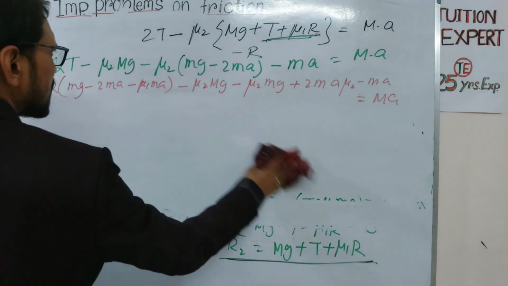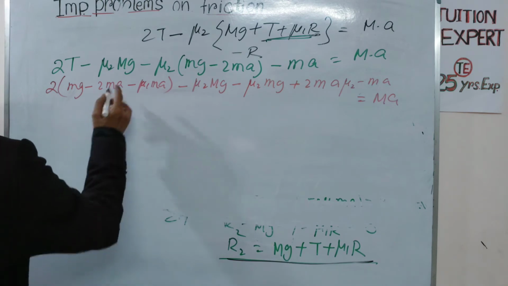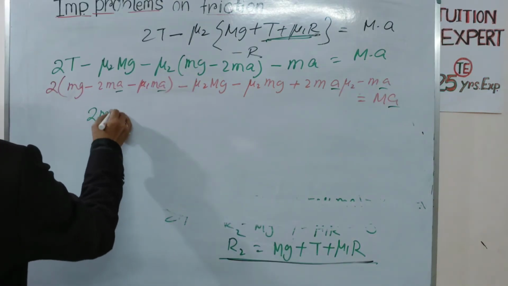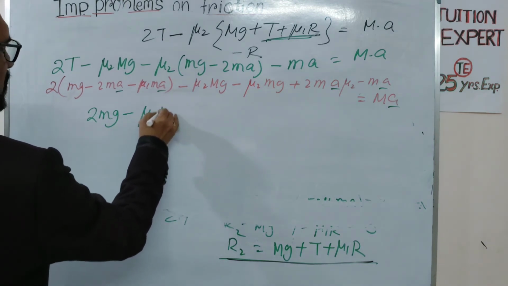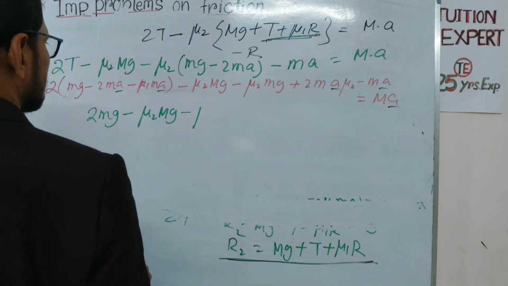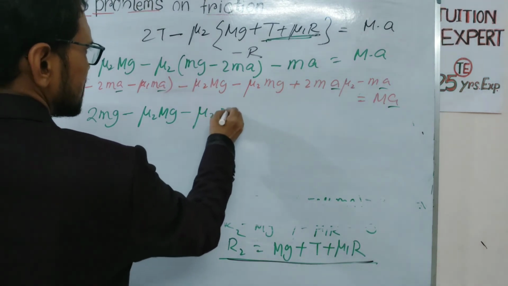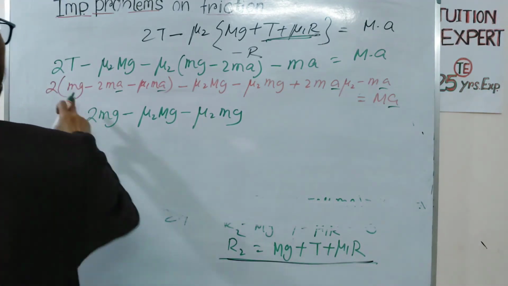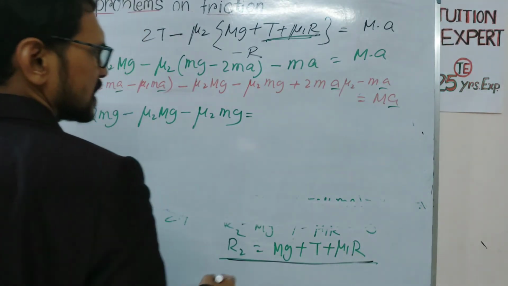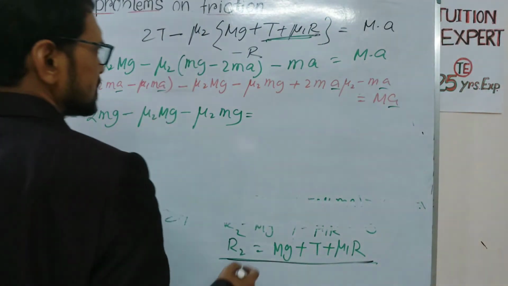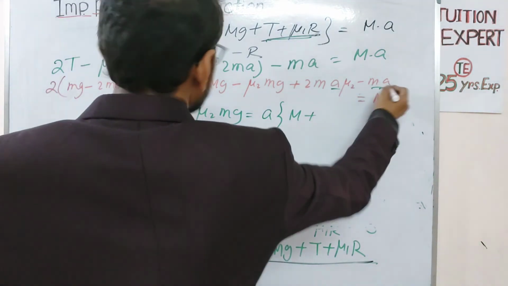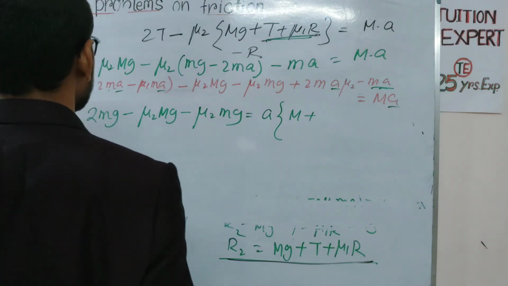From this equation we have eliminated T, and a is present here. The terms are 2mg minus mu2 mg minus mu2 mg, and the terms related to a are minus ma minus 4ma, which is equal to minus 5ma.